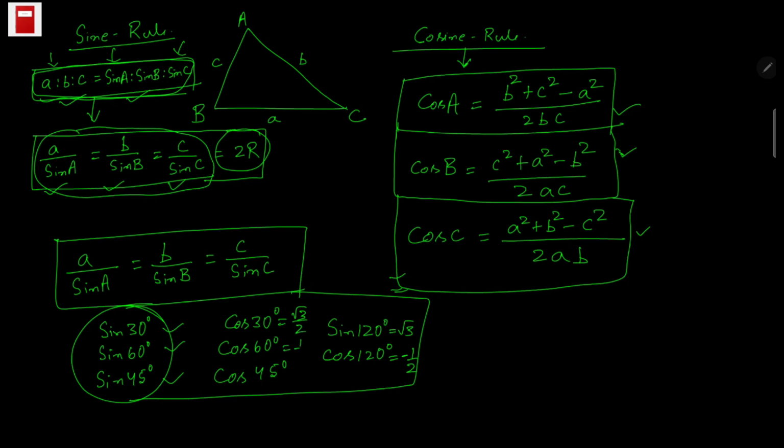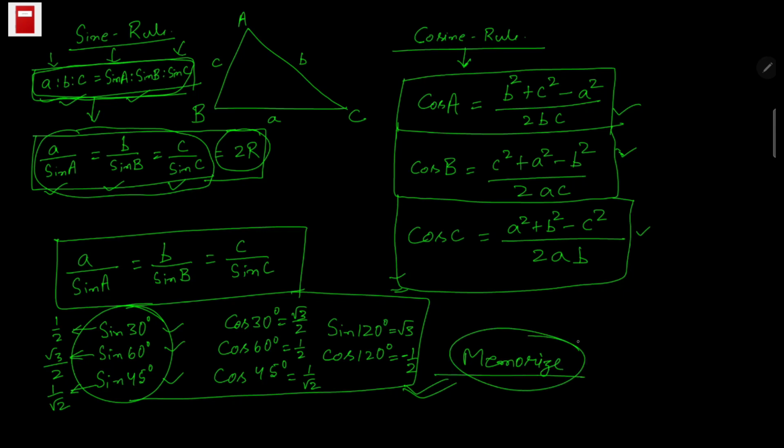Cos 60 degree is 1 by 2, cos 45 degree is 1 by root 2, sine 30 degree is 1 by 2, sine 60 degree is root 3 by 2, sine 45 degree is 1 by root 2. Just confirm them and memorize these values. That's it. If you are applying any more of your brain or mind in this, you're wasting your time.